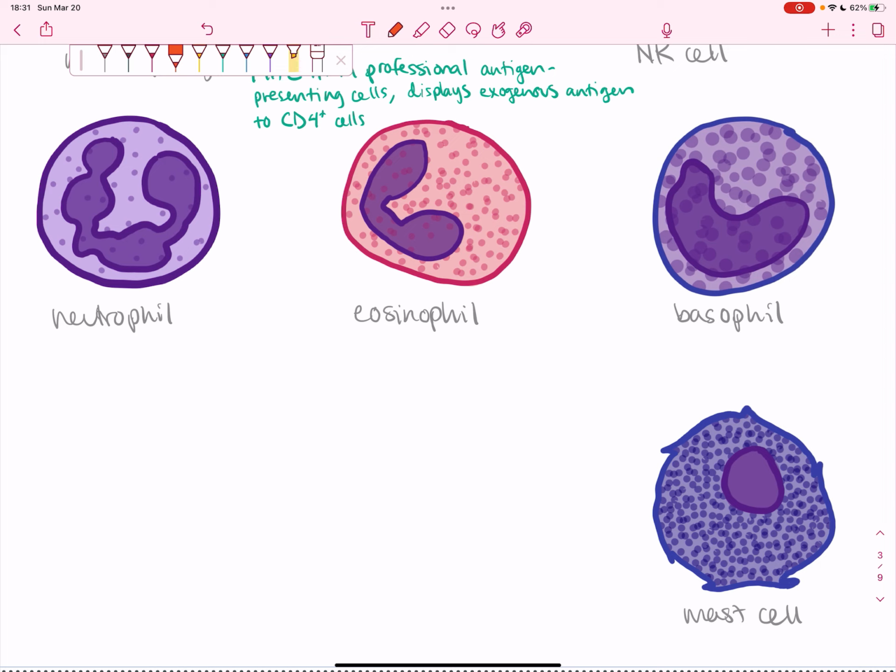Neutrophils are also the most populous of our white blood cells, and they live about 5 days, and then dead neutrophils are what creates pus. Also, if you have acne or regular pus in a wound, those are dead neutrophils.